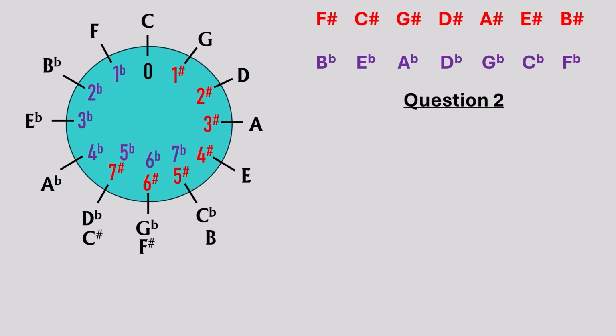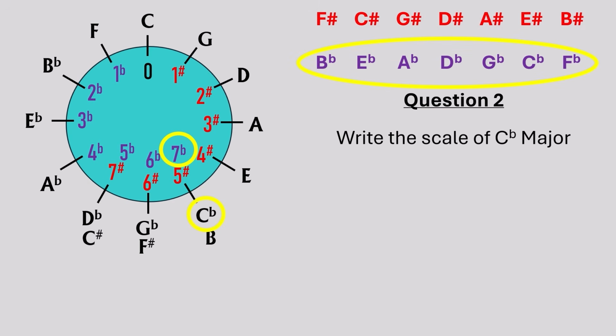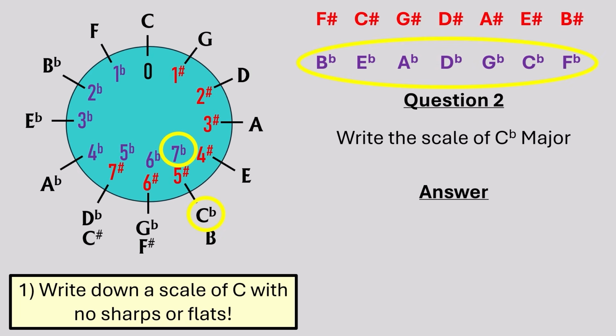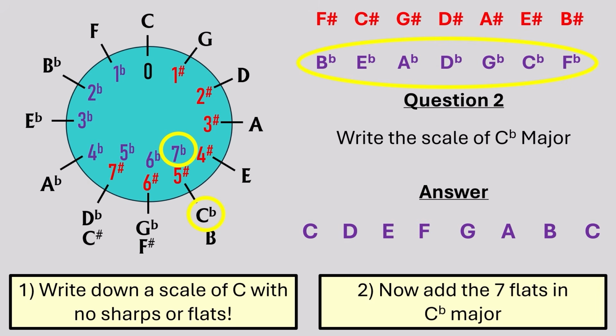Question 2. Write the scale of C flat major. First, write down a scale of C with no sharps or flats. And then add the 7 flats in C flat major.